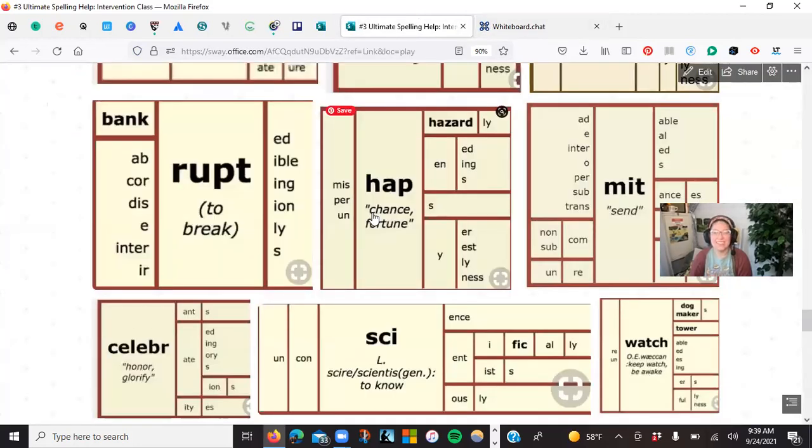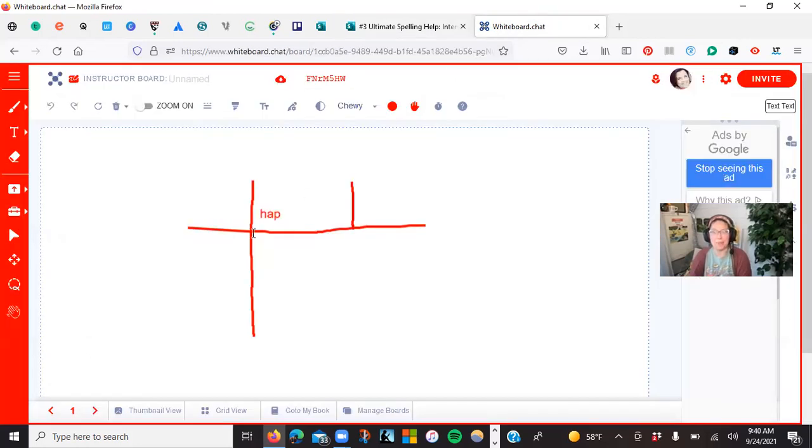So when it comes to two words, I let them choose which one. We just want one word, chance or fortune, or one that they find better in their mind. So do you choose chance, fortune, or one that's better in your mind? I think chance. When I think of hap, I think more of chance than fortune. That works. So it's going to mean chance.